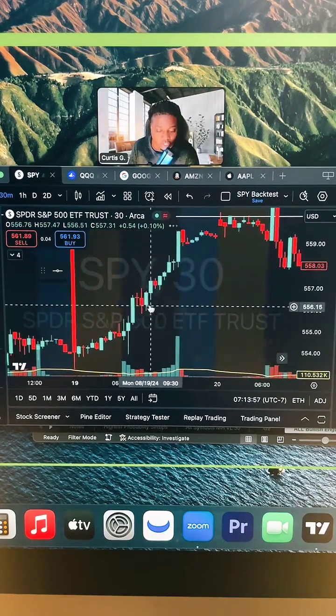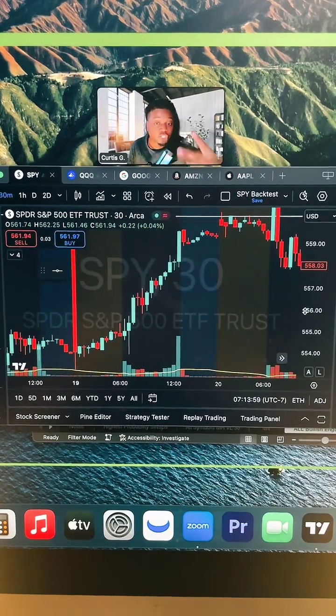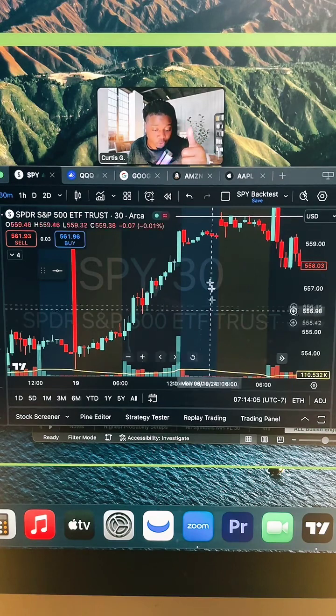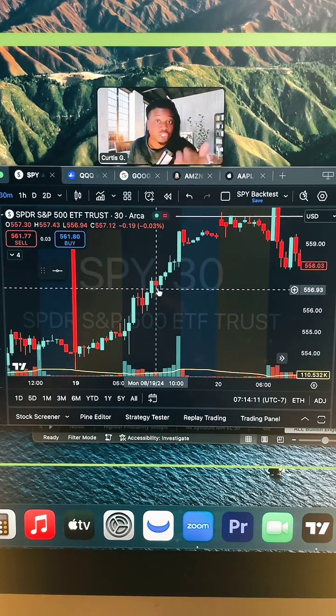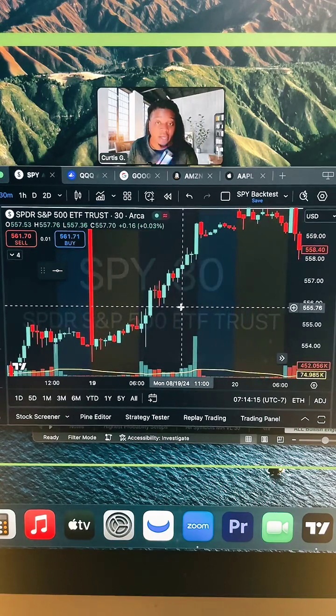Okay, here's another example. Currently I'm only trading two strategies: the bullish engulfing, which I'm going over with y'all, and the opening range breakout. Right now, we're talking about the bullish engulfing. We just went over the Apple example, but let me give you an example from SPY. I'm going to be straight up: when it comes to the bullish engulfing strategy, I've only backtested this and only used it on the 30-minute chart.